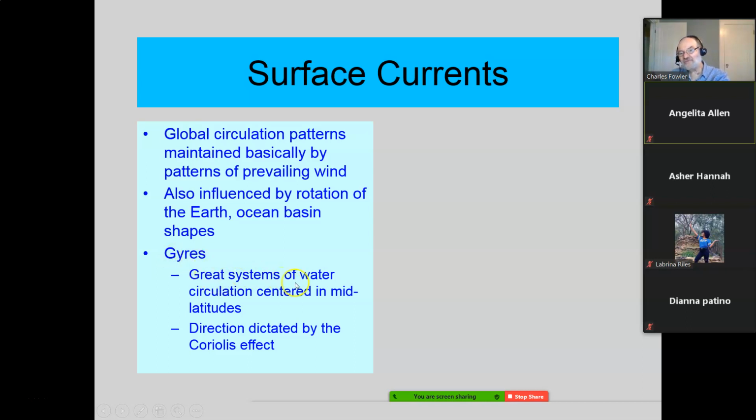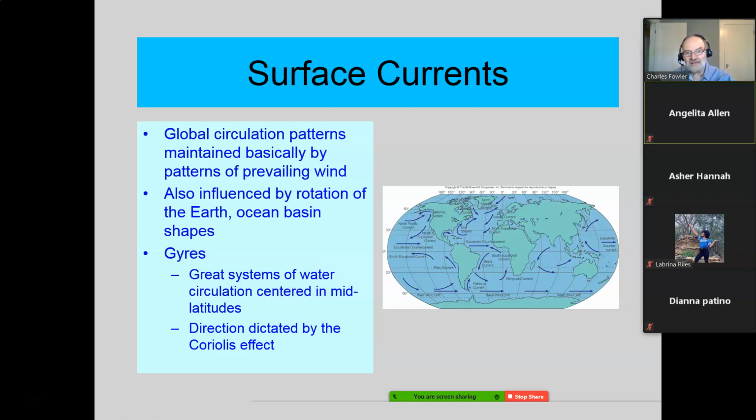These are great systems of water circulation centered in the mid-latitudes. And let's see if this next slide shows that. I think it does. Right here, the mid-latitudes, look at this circulation of water. In the South Pacific, it's down here, going basically counterclockwise. Here you have one in the Atlantic going counterclockwise. Here you have one in the Indian Ocean going counterclockwise.